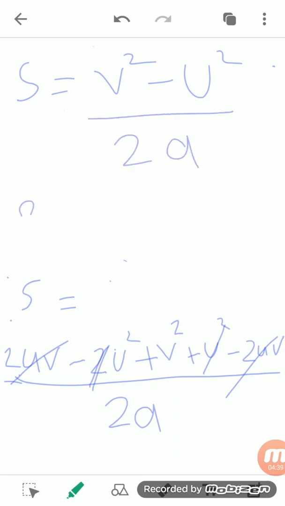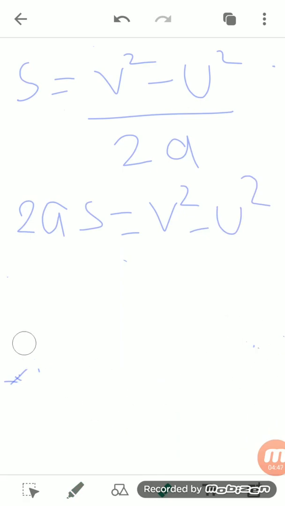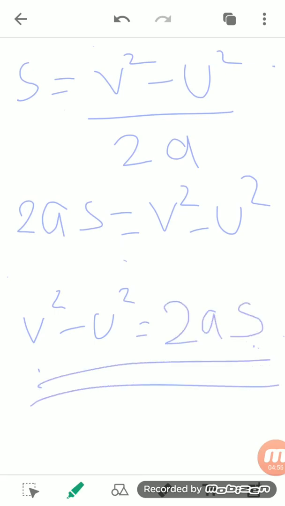Or we can say that 2as is equal to v square minus u square, or v square minus u square is equal to 2as. Okay, so this is the third equation of motion. I hope you have understood how to derive this third equation of motion with the help of the other two equations of motion.